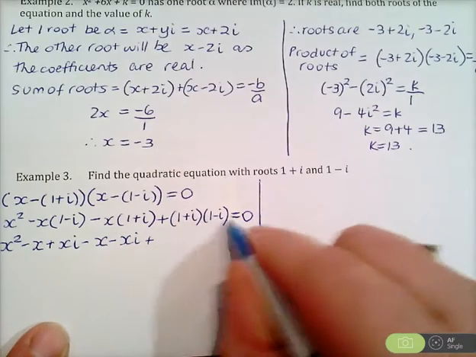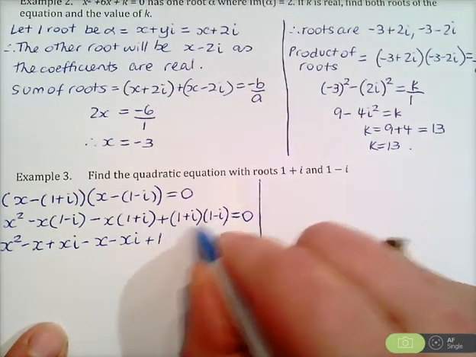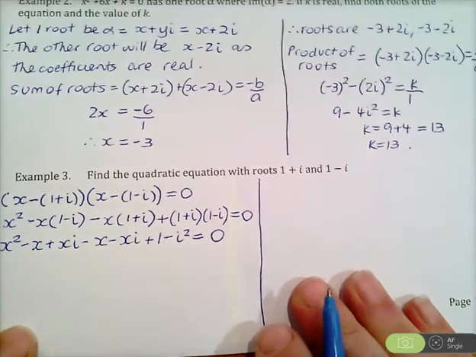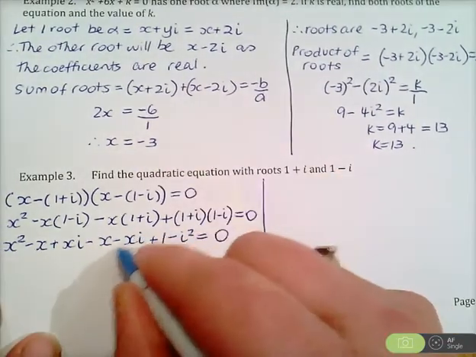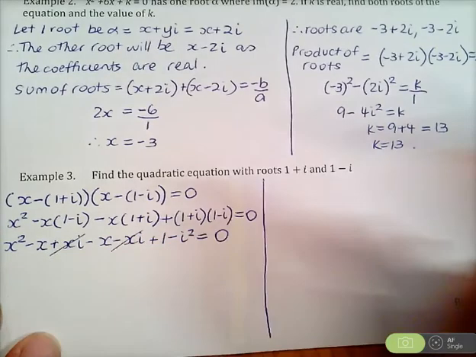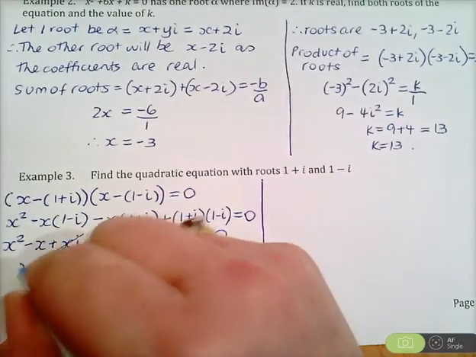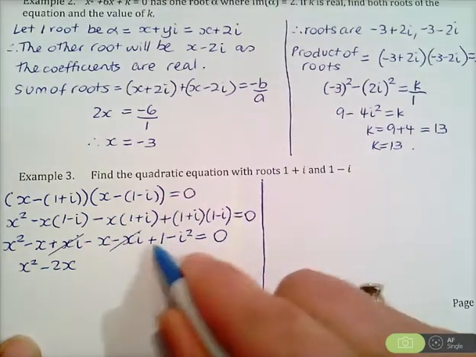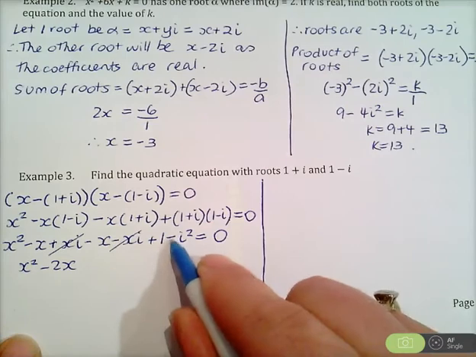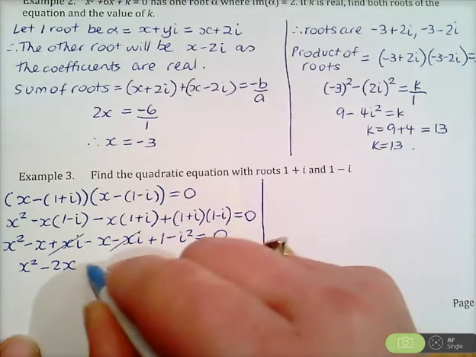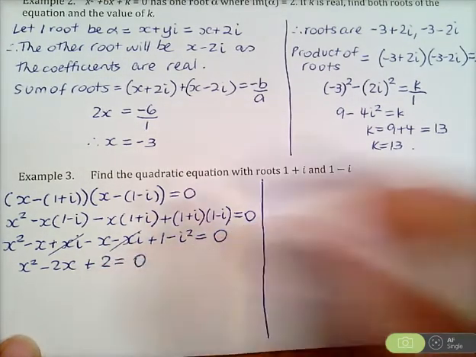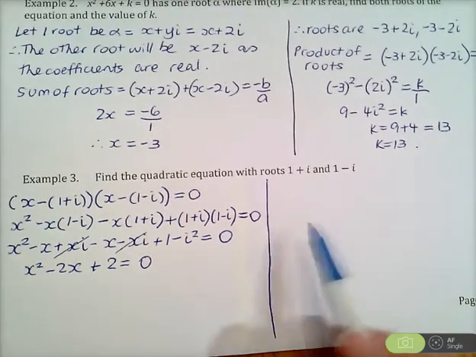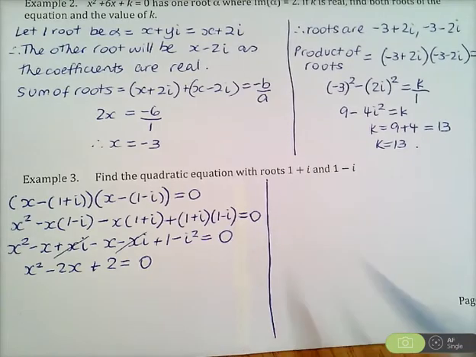And here I've got a difference of 2 squares, so I get plus 1 minus i squared equals 0. Simplifying, these cancel, and I get x squared minus 2x, plus 1, and minus i squared is plus 1, so plus 2 equals 0. That's my quadratic equation with roots 1 plus i, 1 minus i.